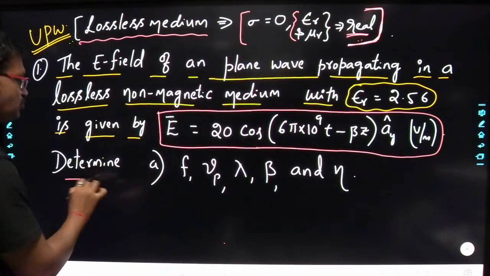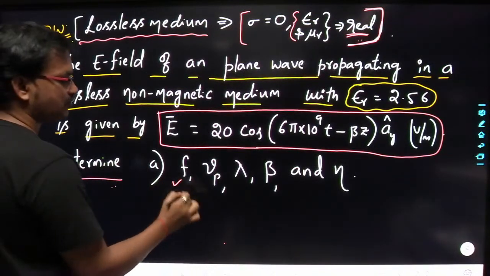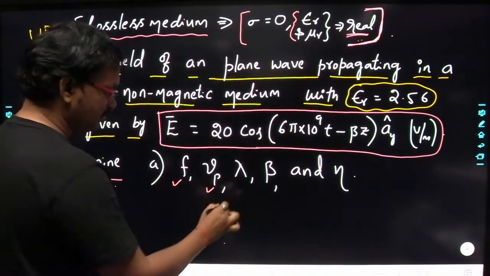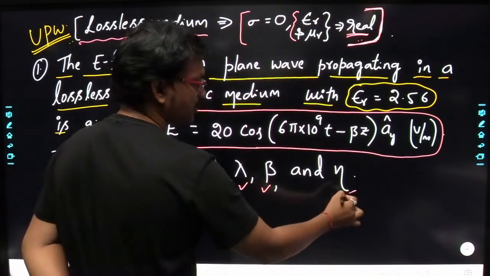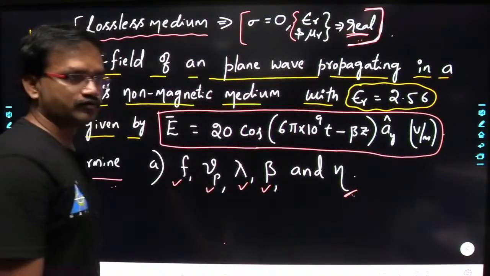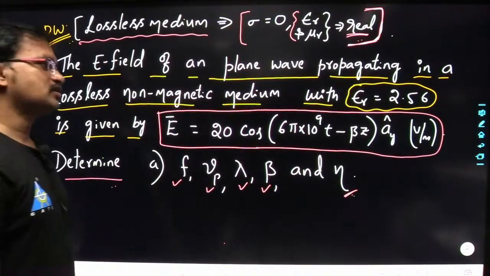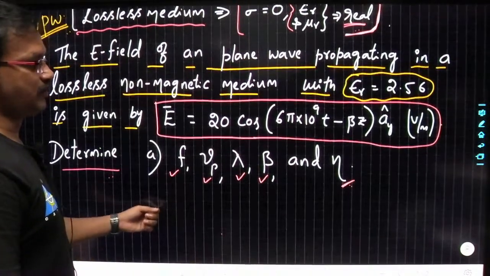Then you have to determine the frequency of the wave, phase velocity, wavelength, phase constant, and the intrinsic impedance eta of the medium. These are the different parameters that you have to determine.